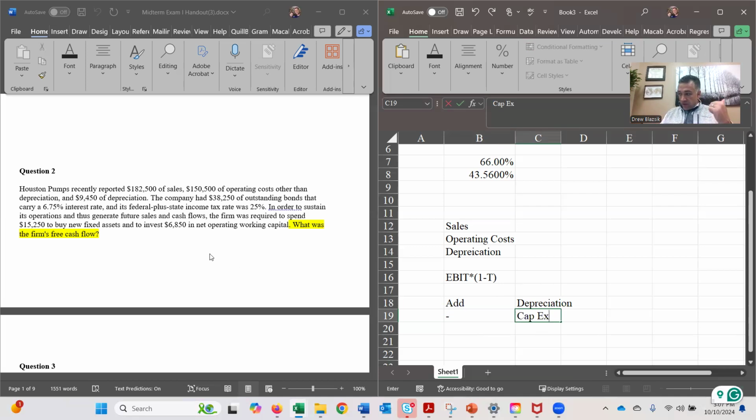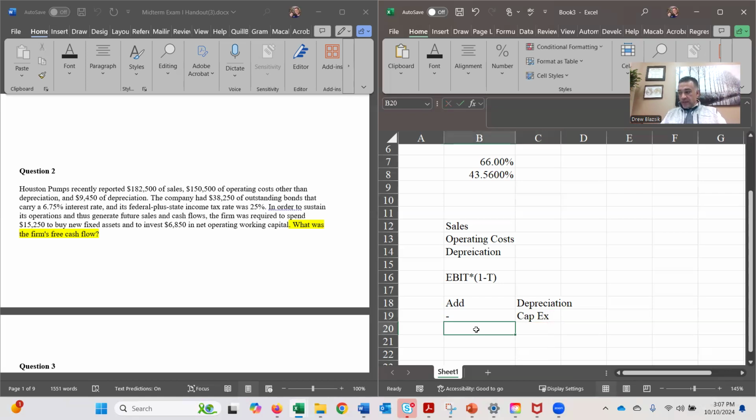Where's the capital expenditure? The firm was required to spend 15,000 to buy new fixed assets. We have to subtract that out. That new fixed asset was their depreciation, but it was only for tax purposes. We added back in the depreciation. Now I'm going to subtract out the capital expenditures.